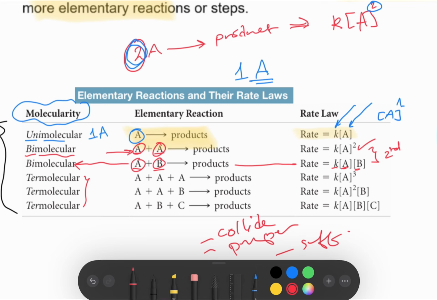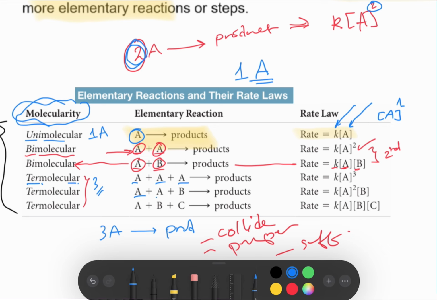If you have a termolecular reaction, the molecularity is termolecular, which means that you have three reacting species. You can represent it as three A's giving a product, which means that three particles or molecules of A are colliding with each other.